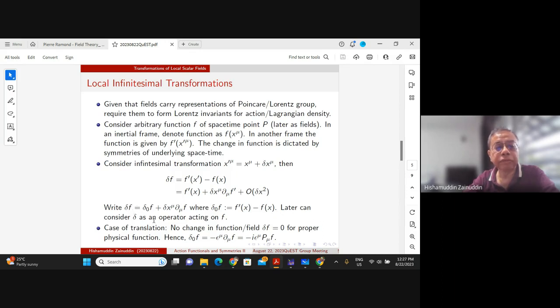And then you'll be able to get your functional change, your delta naught f, since this is 0, in terms of this infinitesimal transformation. So for the case of the translation, it will be given by the derivative of your function. This is sort of going ahead and thinking in terms of your quantum theory, then your derivative is actually your momentum operator.